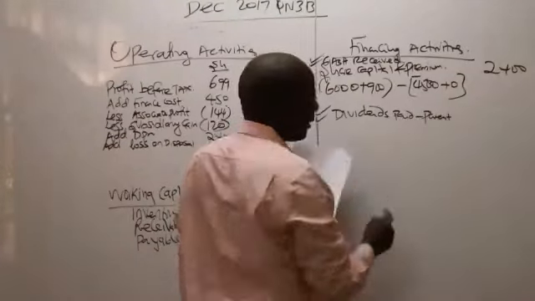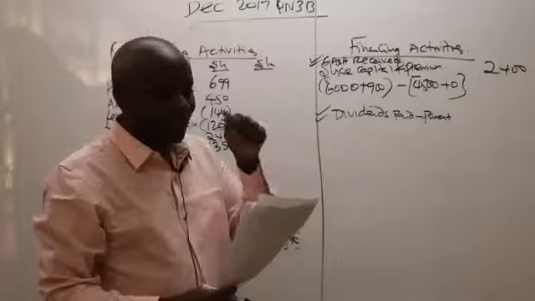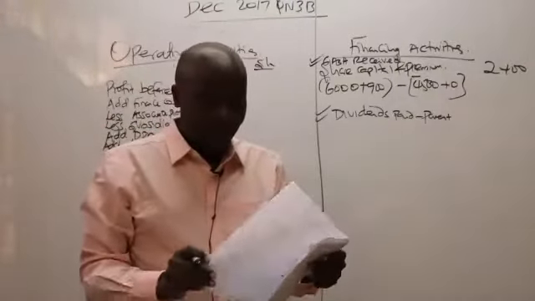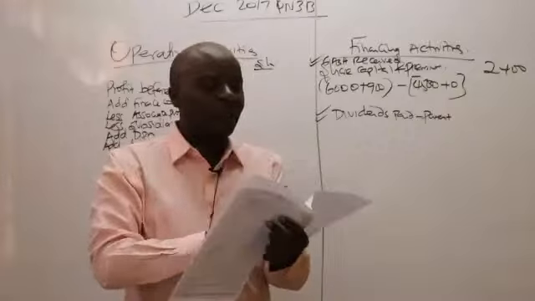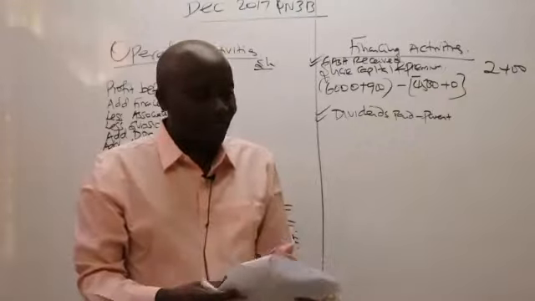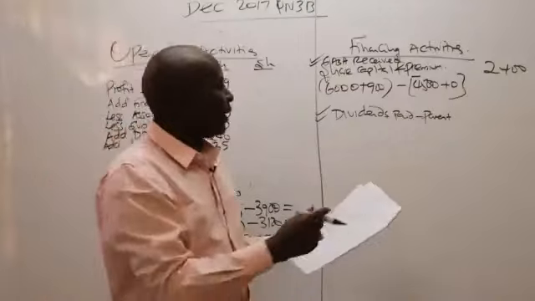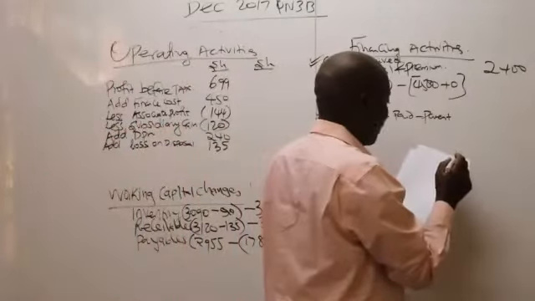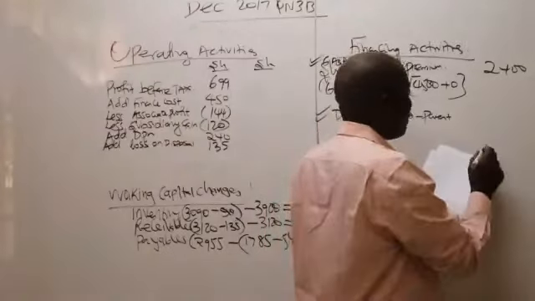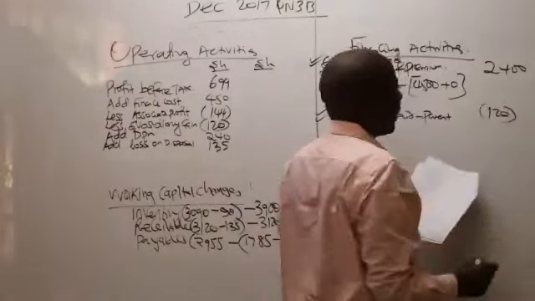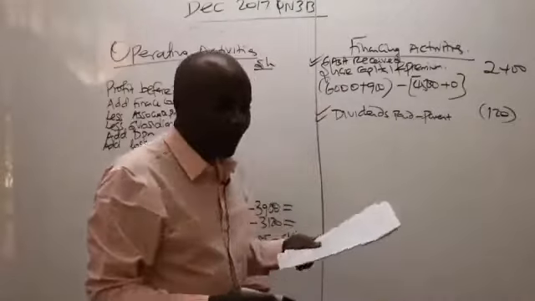How much did they pay? The dividends that we paid to the parent shareholders. Which note number is it? Note number 5. It says dividends paid by the holding company during the year. So our holding company paid 120, put it in brackets.